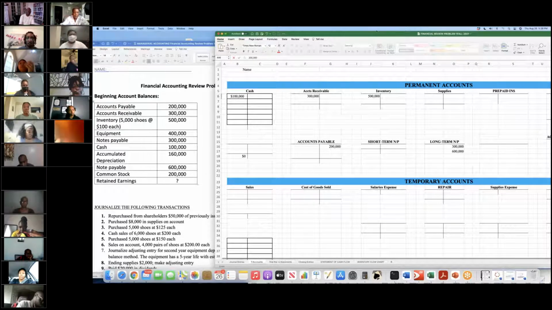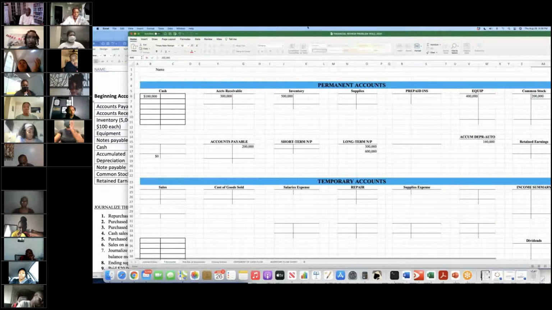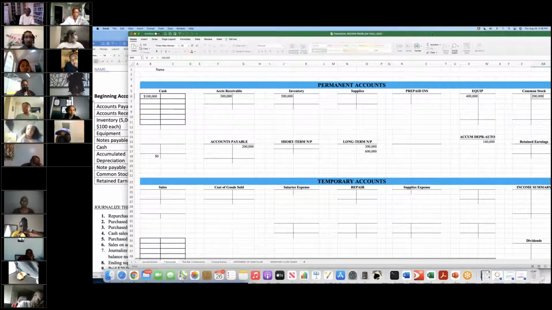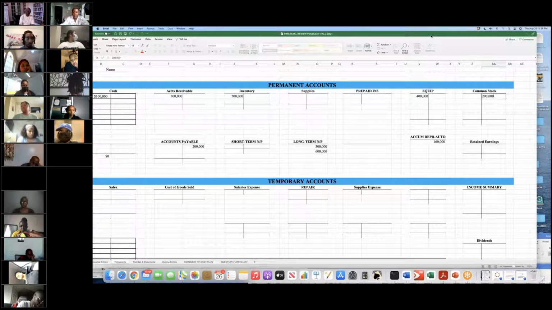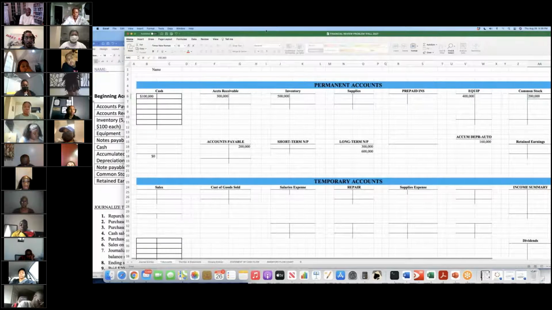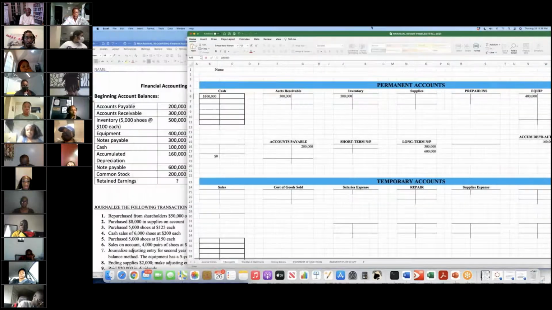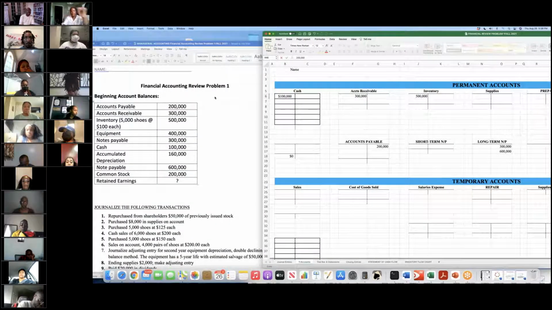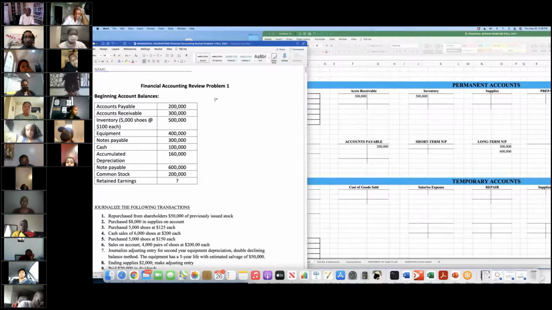So we added up all of these debits: cash, receivables, inventory, equipment. Then if we subtracted from that, I added up the common stock, accumulated depreciation, the 2 long-term notes, and the accounts payable. You would add up all the debits, how much was that? How much were the debit accounts?